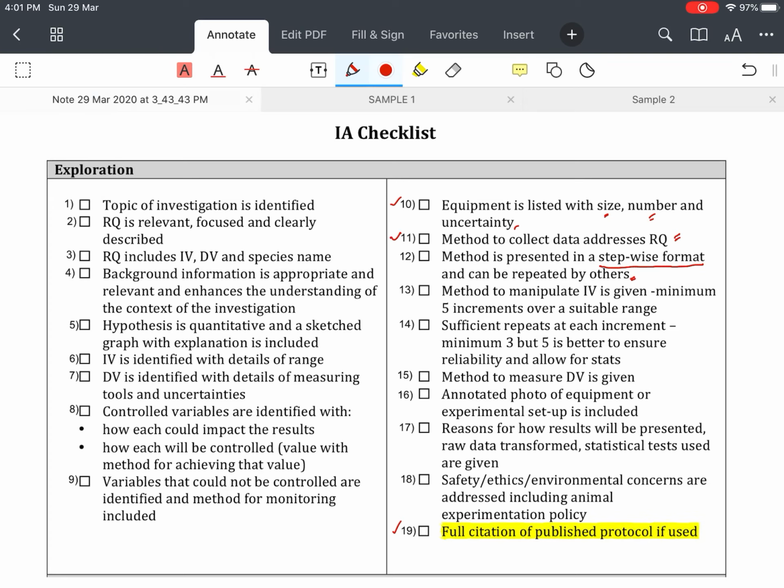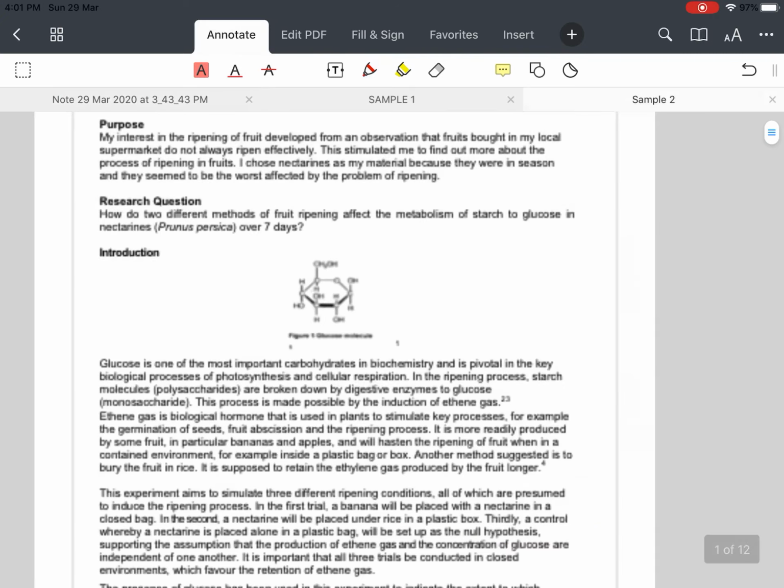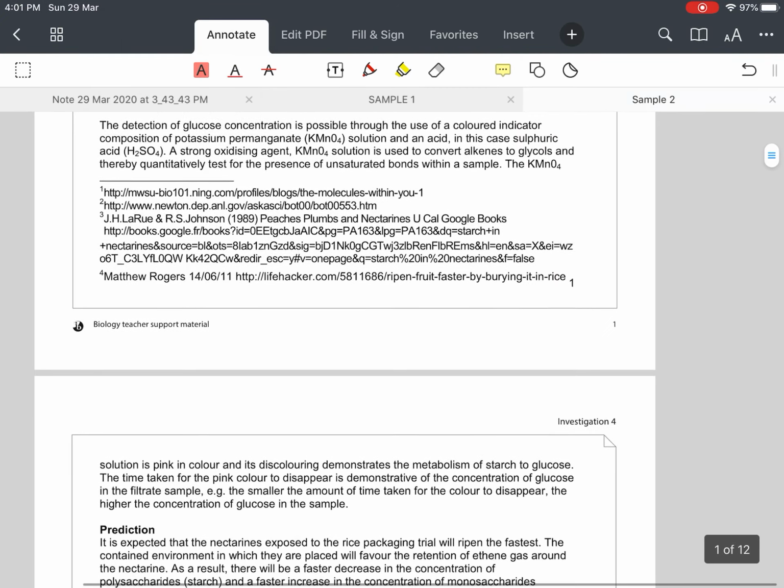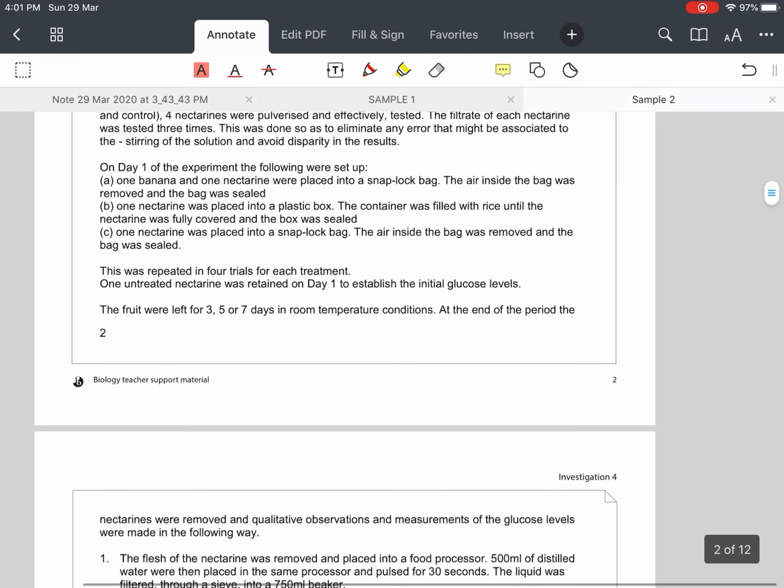So if you want to make sure that your procedure is perfect, you can ask some other person to read just the procedure and ask them if it makes sense to them. If this procedure is given to them, can they follow the steps clearly without any ambiguity, without any confusion? If it is the case, it means your procedure is clear and simple.